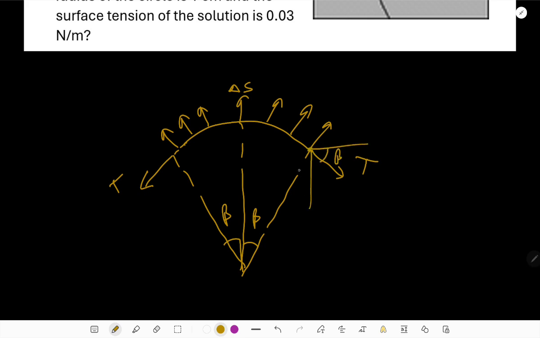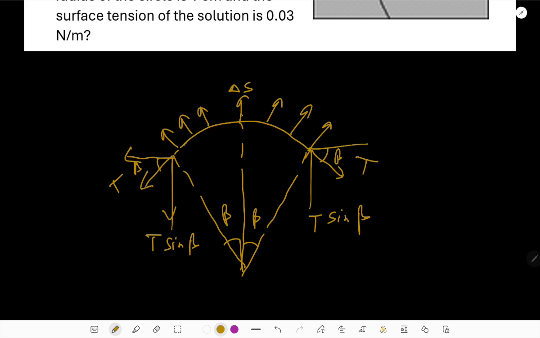This angle is beta, as you can see yourself, and this is T sine beta. And you can see here T cos beta gets cancelled out, and you can get the force towards the center of the wire loop as 2T sine beta.